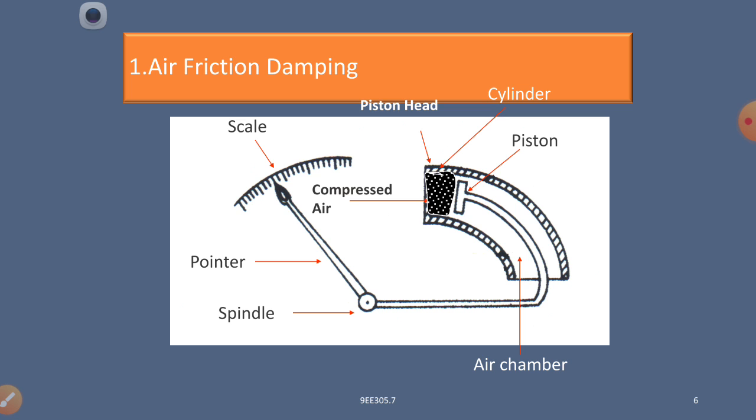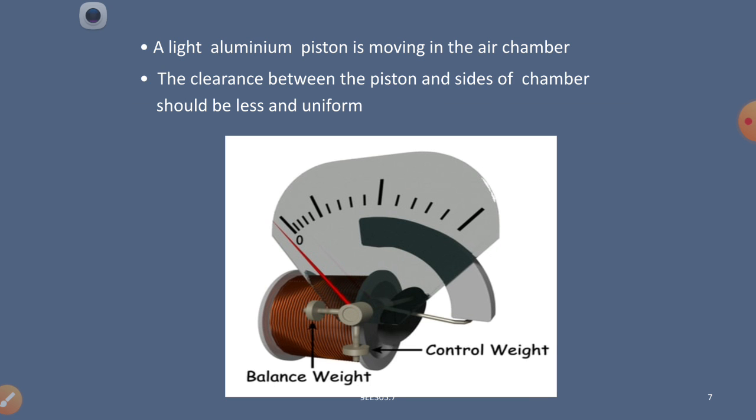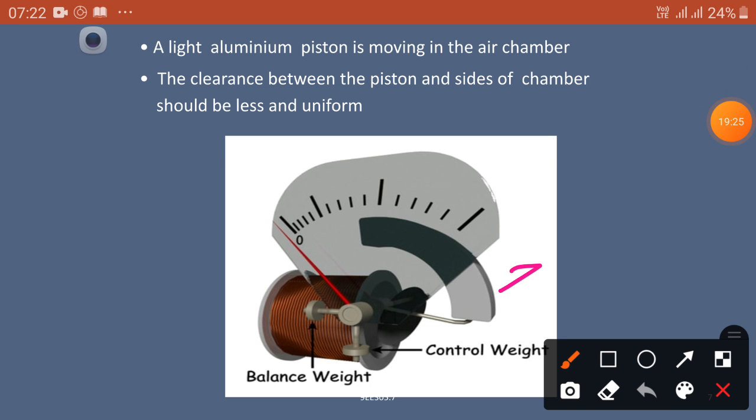So this air opposes the piston moving towards the left side. Okay, now you can see the figure. A light aluminum piston is moving in the air chamber. This arrangement is connected here. So this is our air friction damping. Inside there is a piston, simply a light aluminum piston, lightweight.